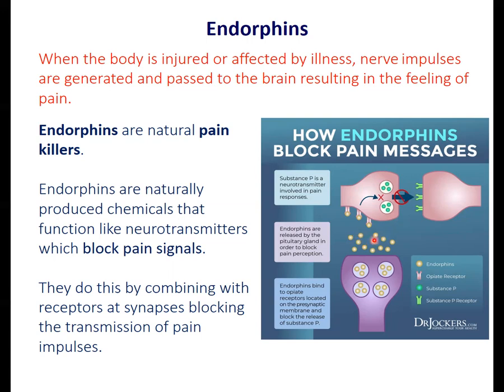But these endorphins here, by binding to these receptor sites here, they basically block the release of these neurotransmitters. And so in effect, it stops the pain message moving from one neuron to the next neuron. So in effect, it filters out the pain message, or the pain impulse, if you like.